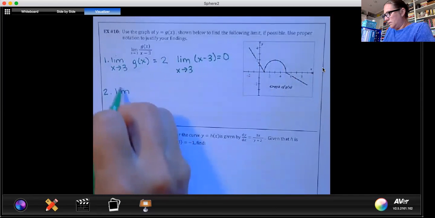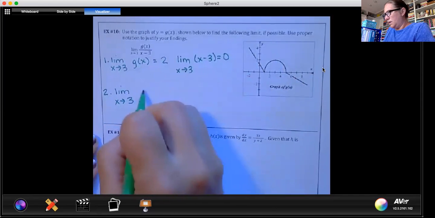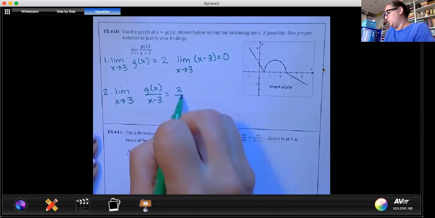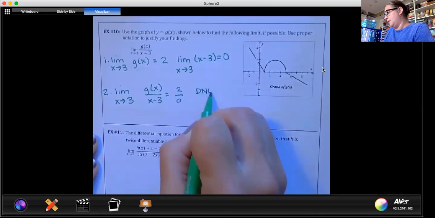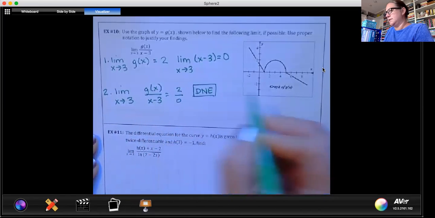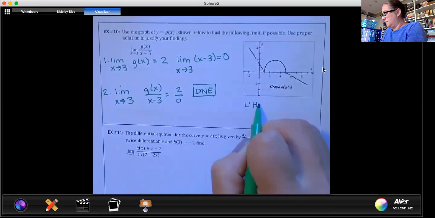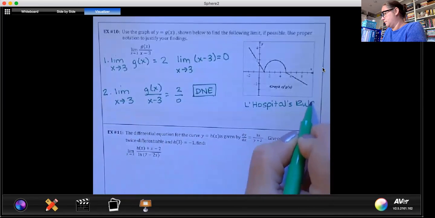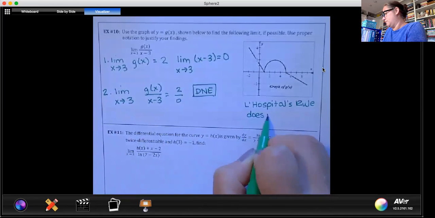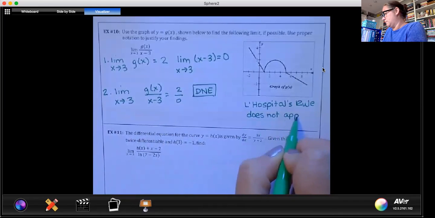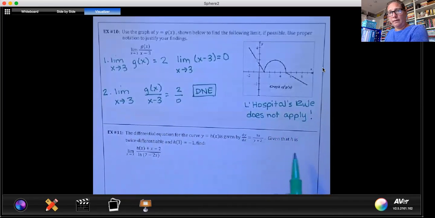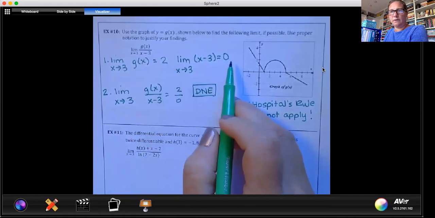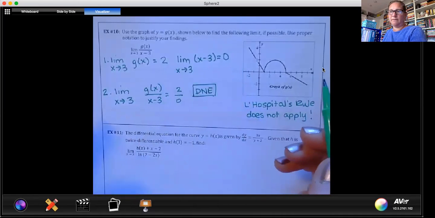So the limit as x approaches 3 of g of x over x minus 3 is 2 over 0. So this value does not exist. L'Hopital's rule does not apply. Why does it not apply? Because you don't have indeterminate form. You don't have 0 over 0. You have 2 over 0, which is an undefined value.